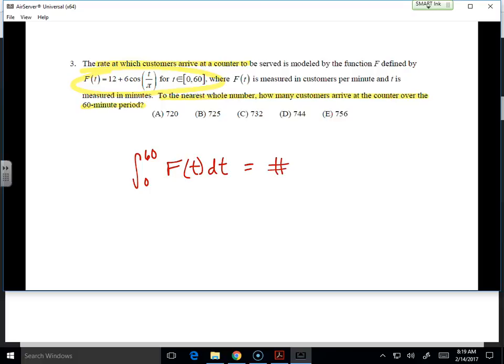Good, over an interval. So if we have customers per minute, and we want customers, we know we have to integrate. But if it's over a time interval, all we got to do is think of, in a sense, displacement. Just integrate from 0 to 60 and accumulate all the customers that arrived. How do we do that? We take the integral of the rate, which is customers per minute.